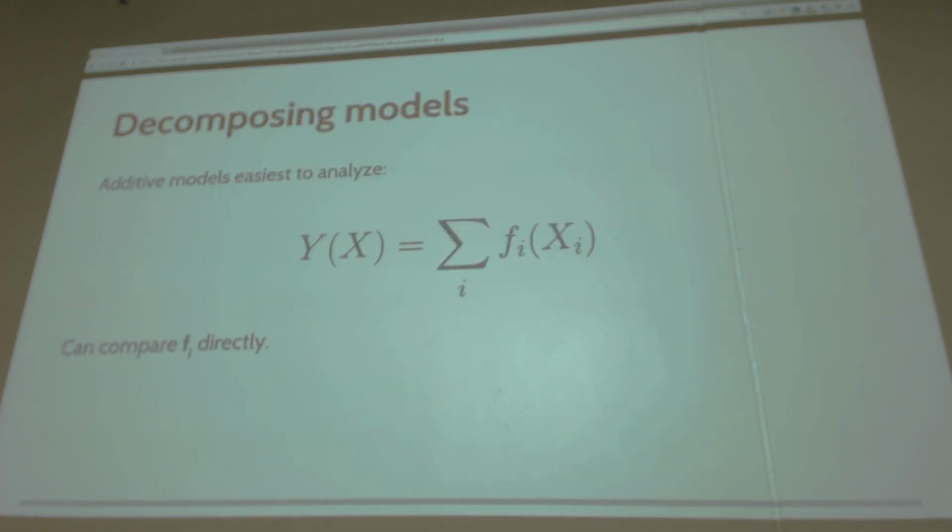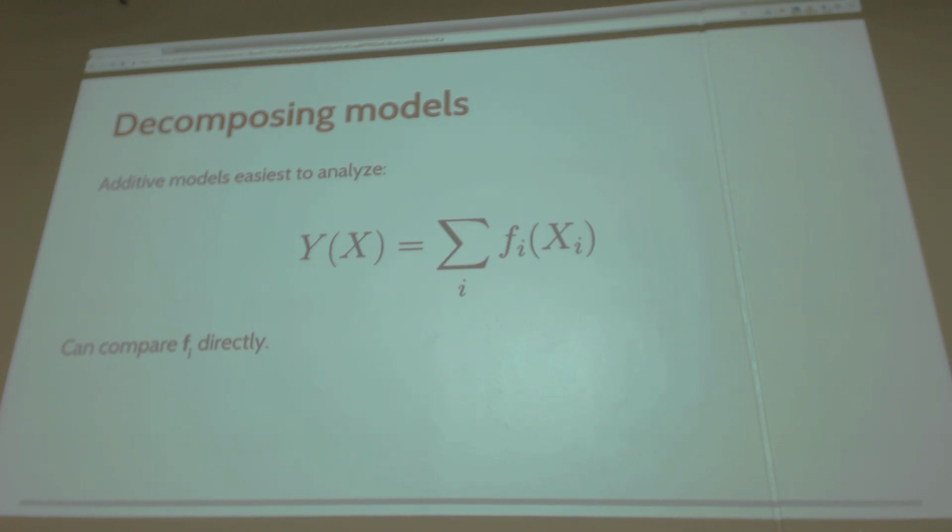All right, so the first thing is decomposing models. Decomposing models is important because if we can decompose the model, we can decompose the sensitivity, and in general, the parts are easier to analyze and reason about. Some models are really easy to decompose, so if a model is just the sum of terms that depend on a single factor, then there is not much more to say about sensitivity analysis.